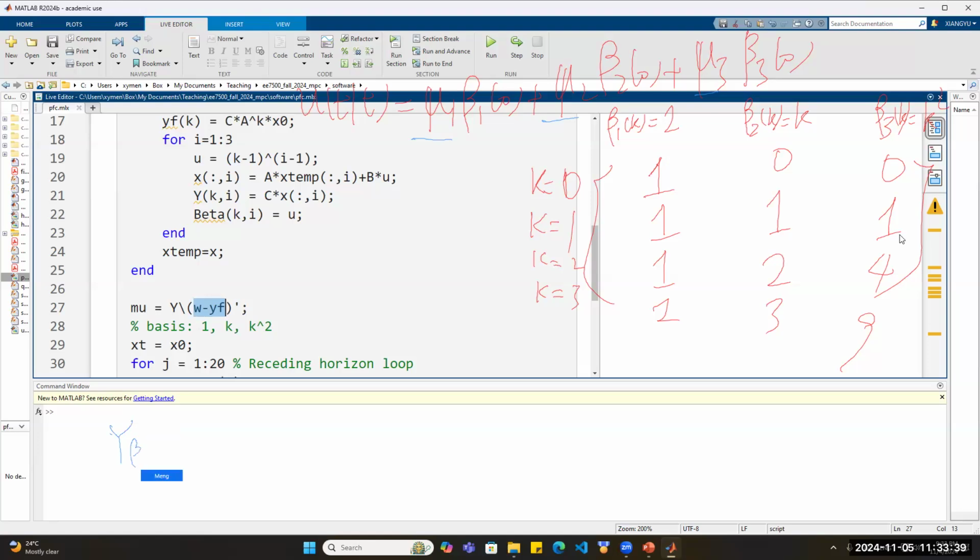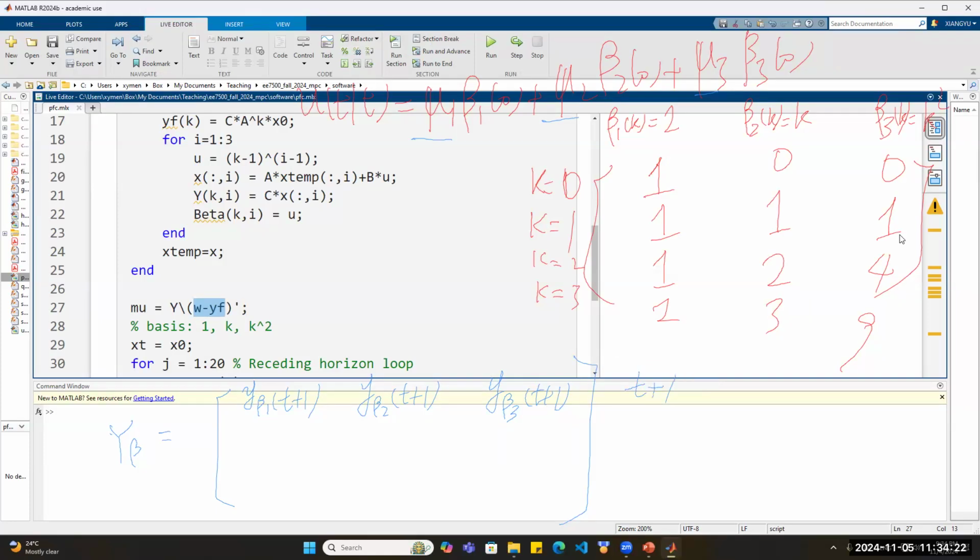So we assume the initial condition is 0, because this is the forced response. So we have y beta 1 t plus 1, y beta 2 t plus 1, y beta 3 t plus 1. This corresponds to time t plus 1.